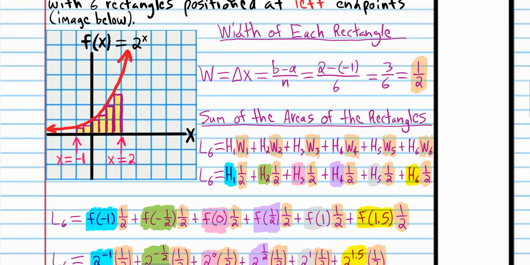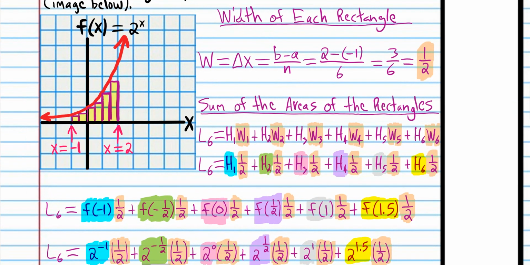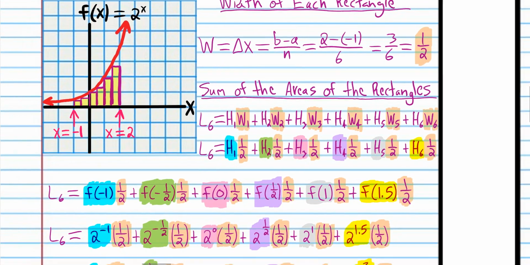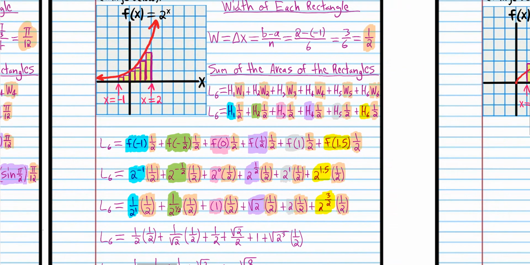So let's find the width of each rectangle. We can use this formula. We have b, the right bound, minus a, the left bound, and we get 1/2 for the width of each rectangle. You can probably see by looking at the picture that the widths are 1/2, but you can also use that formula. So we just do the same thing that we did before.